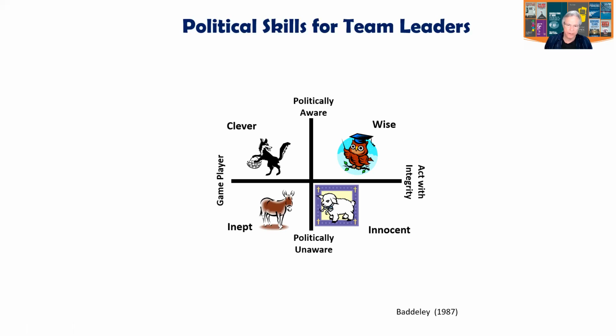So I guess the point about this model is this, that you can act with integrity and still be politically aware. And I think this is what turns a lot of people off, is that they think that being political is actually acting with a lack of integrity. But in actual fact, you can do both.